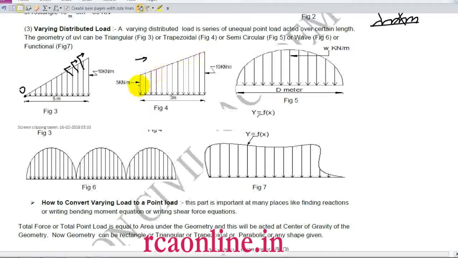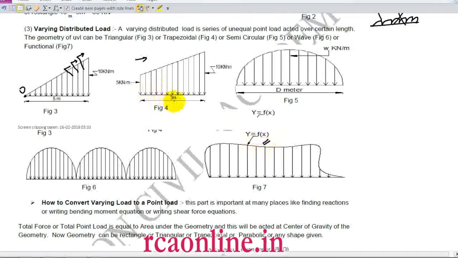Okay, 5 here and 10 here. Intensity is continuously increasing. If you take this, then this is a semicircle, so the intensity is varying in a semicircular way. Similarly here, it is a circular curve. Clear? And this is a curve having a function y equal to f(x) as its intensity.